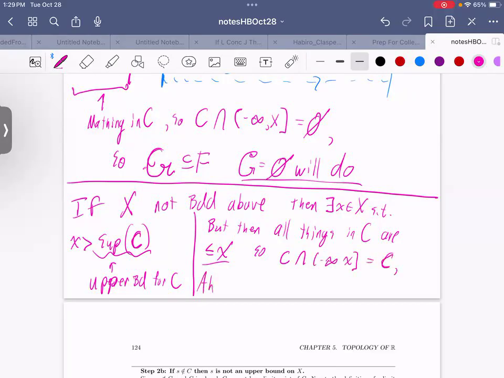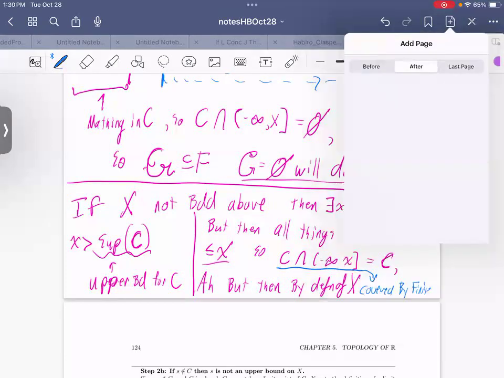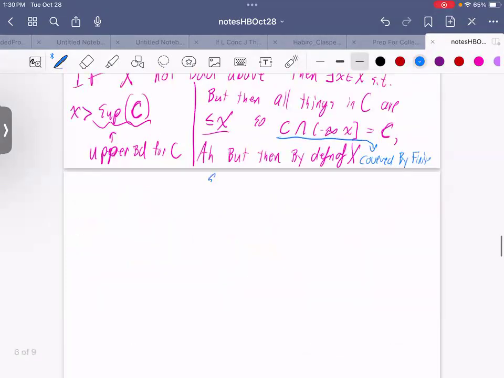Ah, but then by the definition of X, this thing is covered by a finite subset of F, which is what we want.